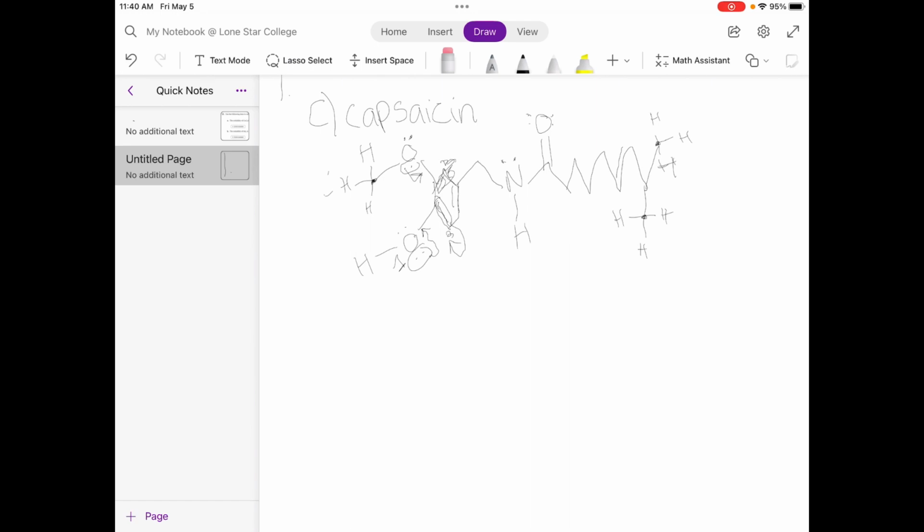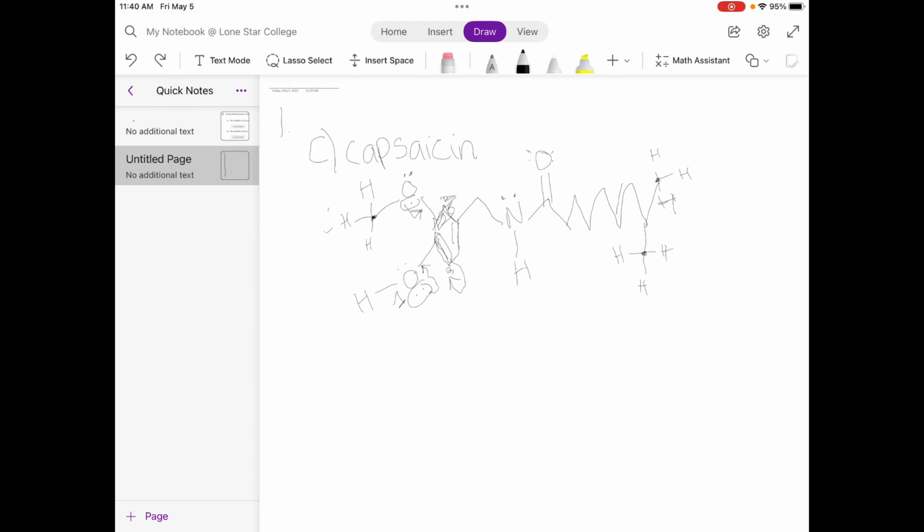I forgot. There is a resonance right here as well. If you take this lone pair, bring it right here, 1. And this is 2. So you make a bond between 1 and 2.